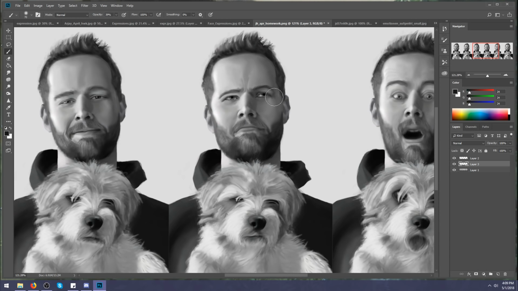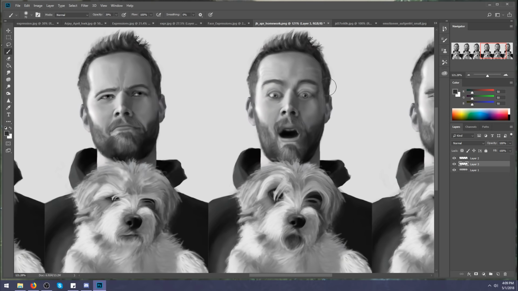This one looks more like a cartoony expression. So this one and this one don't feel like something you would actually do when you're shocked. When I'm shocked, my face doesn't look like that, but my face can look like this when I'm shocked. But it has to be like a big shock, like someone just crashed into your car.